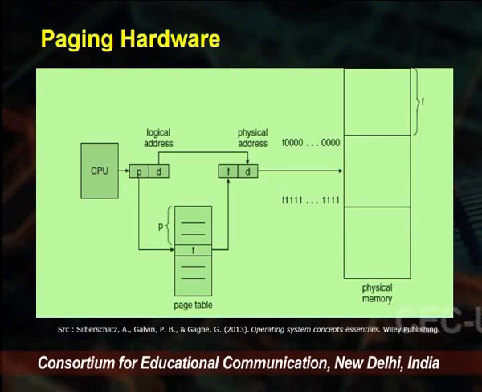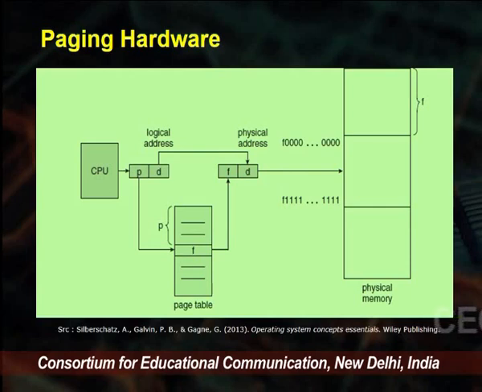When this starting address is combined with the offset, it gives the physical address of that particular data in the physical memory.